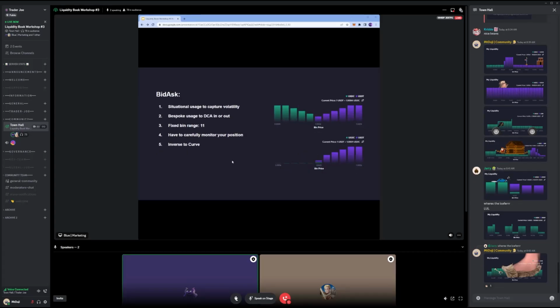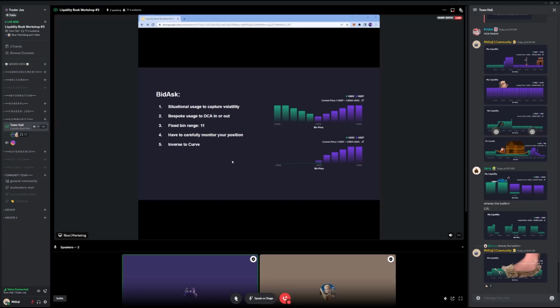Bid ask, again, this is a preset shape on the UI. It's more of a situational usage. It's the least popular shape that liquidity providers will want to deploy. It could be suitable for pegged assets that have some level of volatility, with liquidity providers wanting to take advantage of the lower dilution in the bins outside of the typical price range that an asset may trade through.